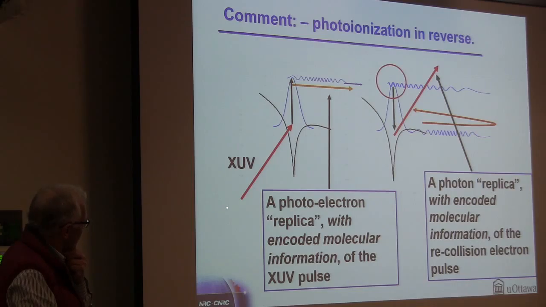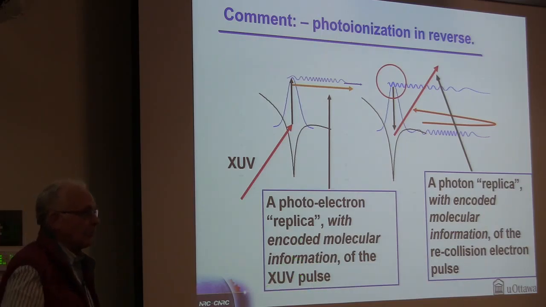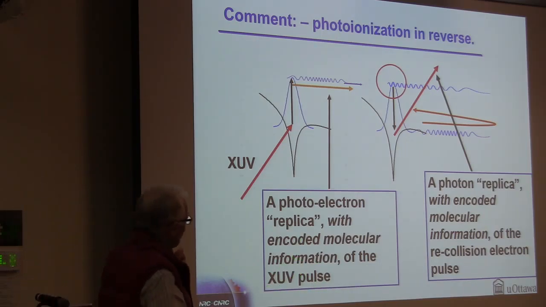In photoelectron spectroscopy, you bring in a beam, let's say an XUV beam, and you photoionize, creating an electron in the continuum. It's a photoelectron replica of the XUV pulse, so the information on the molecule is encoded in it.